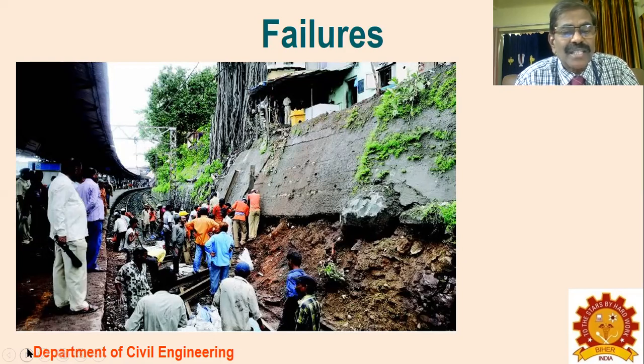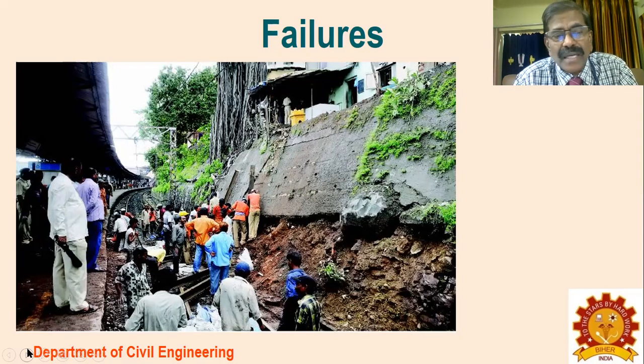On the next side, you see the railway track is going on. In fact, the abutment, which is retaining the earth, has collapsed very badly because of the soil that was investigated during the site work. There are some protection works also done in that. With all that, soil heaving has taken place and it will cause damage to the railway tracks.